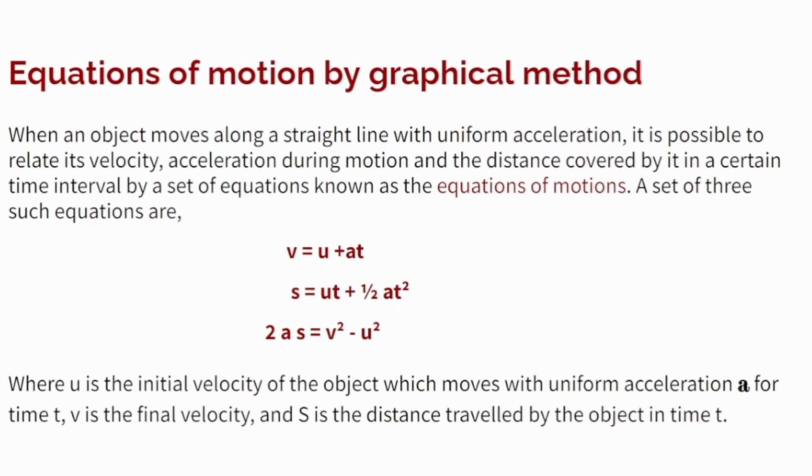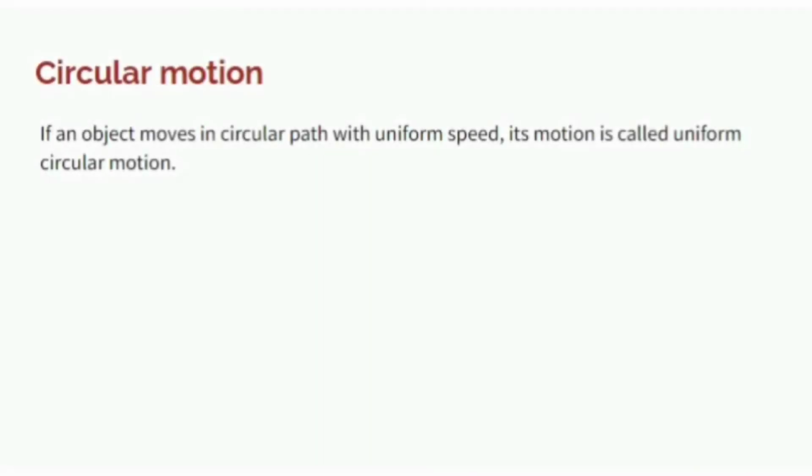A set of three such equations are v = u + at, s = ut + ½at², 2as = v² − u², where u is the initial velocity of the object which moves with uniform acceleration a for time t, v is the final velocity, and s is the distance traveled by the object in time t. If an object moves in a circular path with uniform speed, its motion is called uniform circular motion.